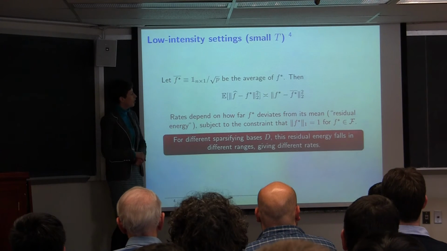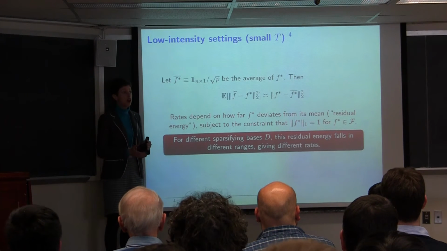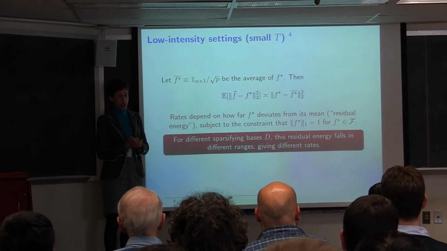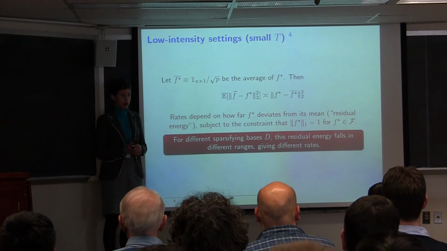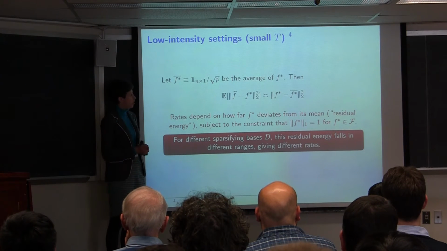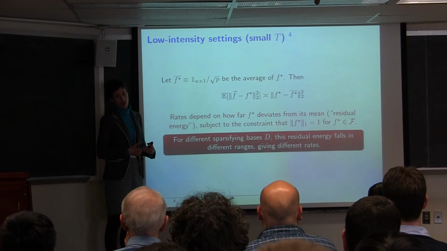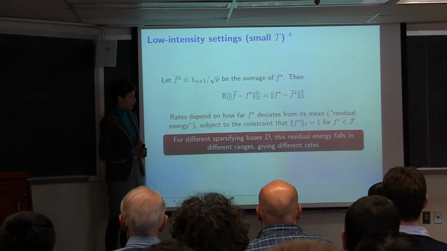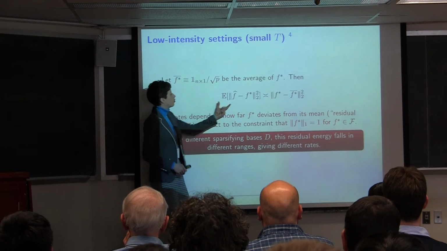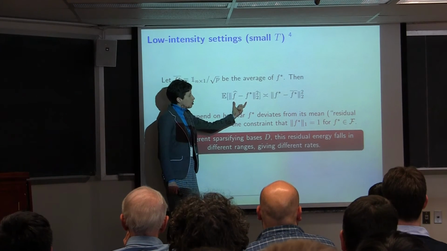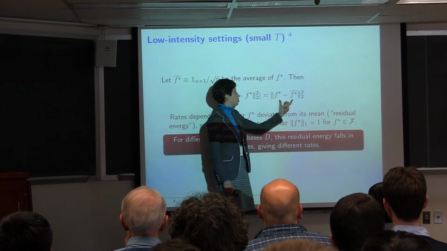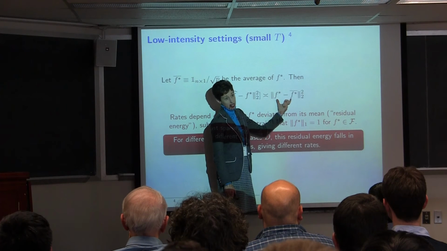Essentially what's happening is that when T, the amount of time we have to sense our data, is small, then our measurements are very noisy, and so it's very difficult to get an accurate reconstruction. So our mean squared error is going to basically correspond to everything in the signal that's not constant.